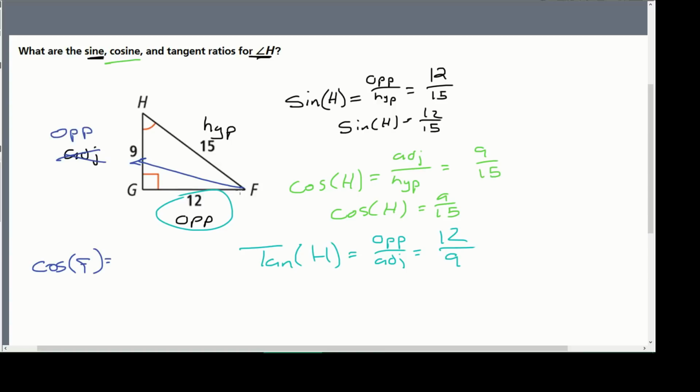And from F, this is still the hypotenuse, so this is no longer the opposite. This, by process of elimination, is the adjacent. So now I want adjacent over hypotenuse. Now, my adjacent is 12, and my hypotenuse is 15.